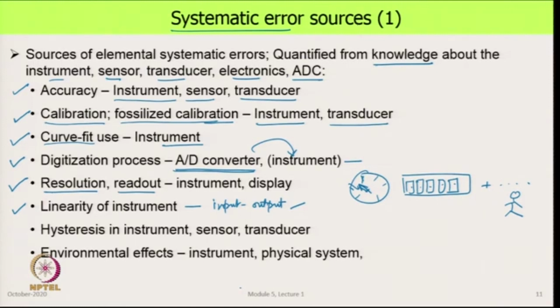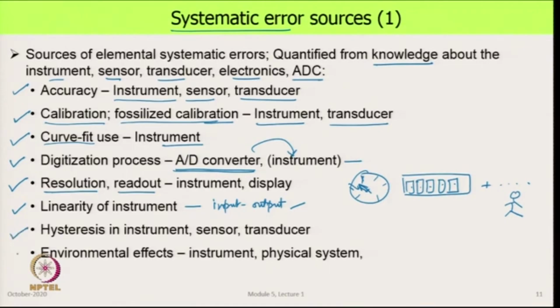It could also be the case that the transducer, sensor or the instrument is inherently not 100% linear, it has got some non-linearity in it. So, how do we correct for it? We expect that it is a linear behavior, but it is not behaving like that. We estimate the error, and that is the error due to the linearity of the instrument.